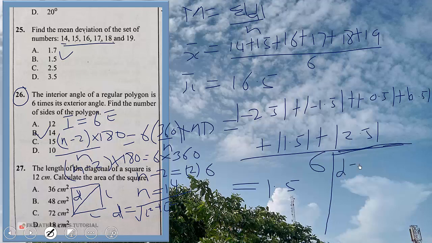So diagonal will be equal to square root of 12 squared plus 12 squared, which will be equal to square root of 2 times 12 squared. So that will give us 12 square root of 2.